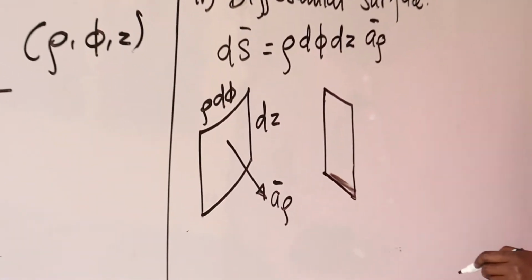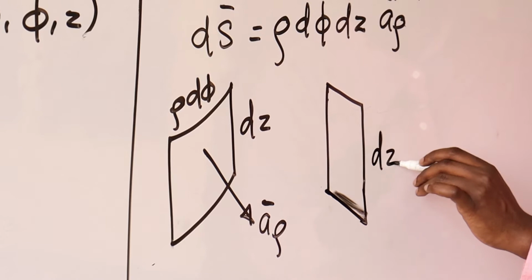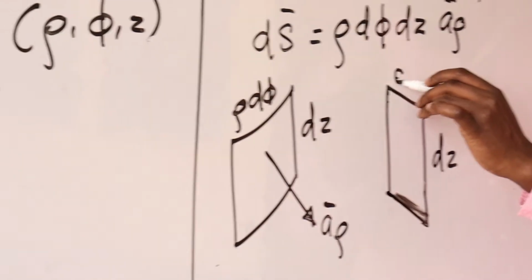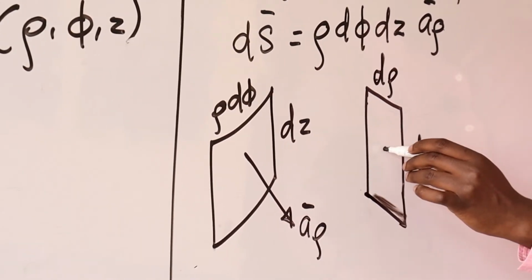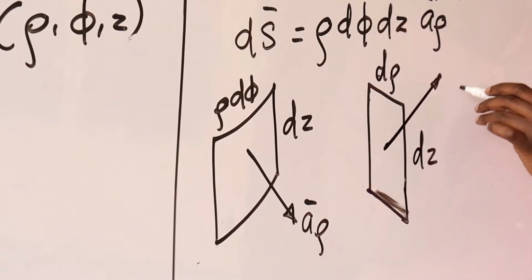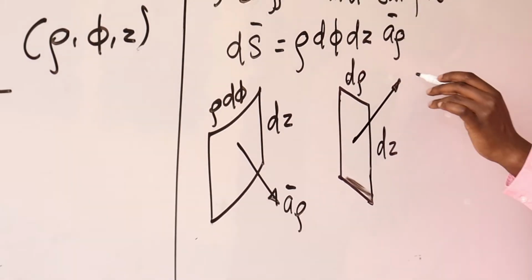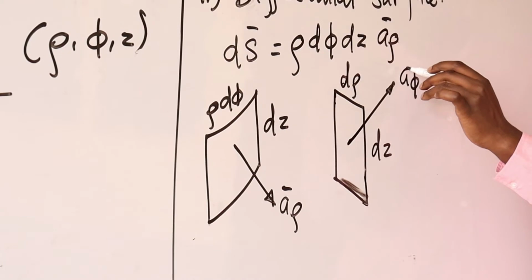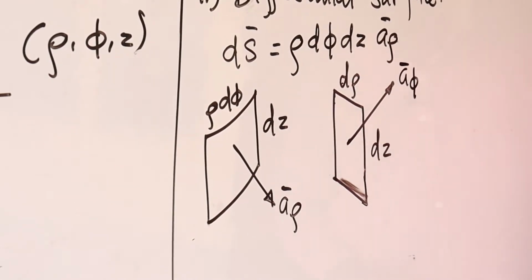That surface has a height of dz, and this is d rho. The direction is going inside that particular way. That is our a phi bar.